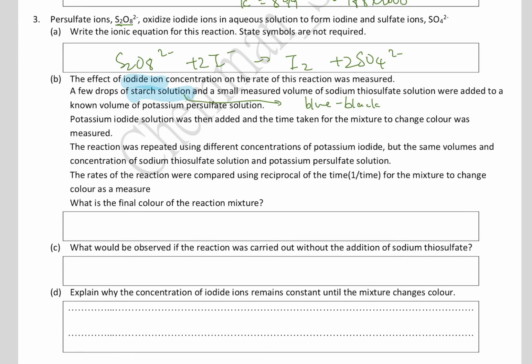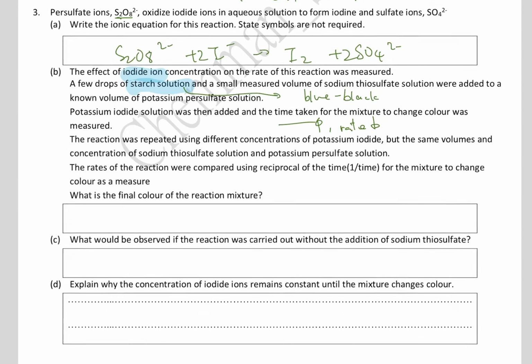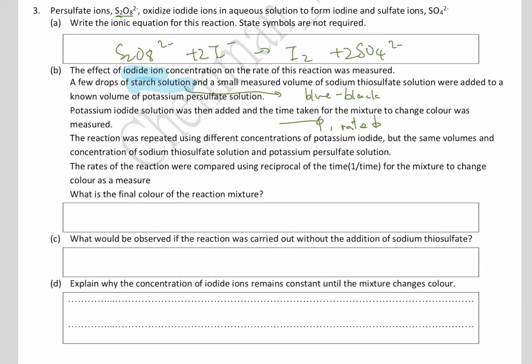Because if the time taken is longer, then it represents the rate is lower, because they took a longer time to form that amount of iodine to make the color change. But here, other than potassium iodide, which is the KI, and other than potassium persulfate, which is the S2O8, they were actually adding one more thing in the mixture, which is sodium thiosulfate.